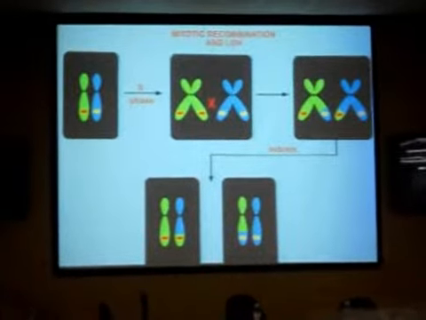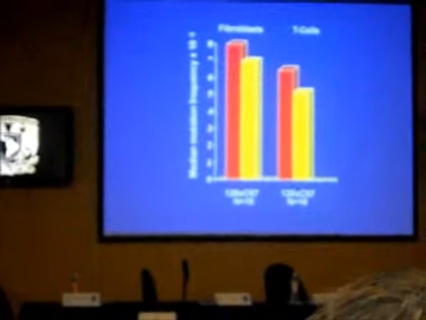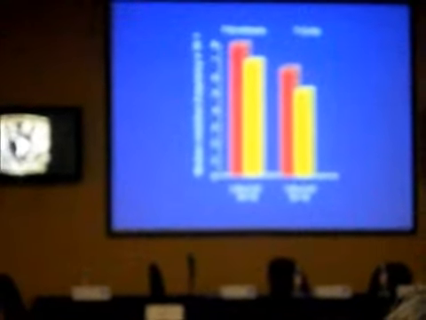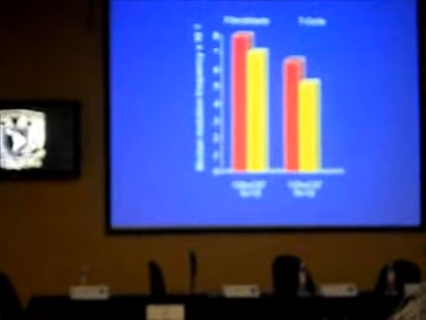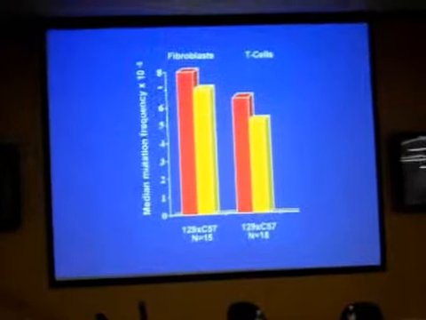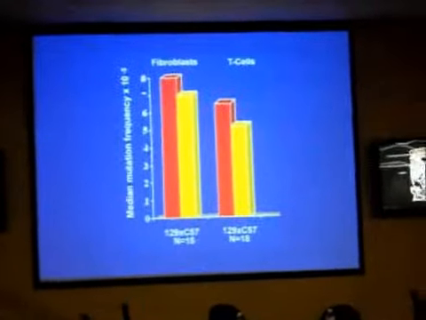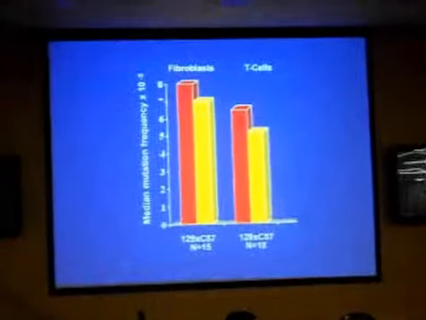So let me just now show you a summary of the large number of animals that we've done. This is one representative experiment. And we looked comparing fibroblasts and T cells. So the red bars are the mutant frequency that we see, and the yellow bar is the proportion of events, the frequency with which we see loss of heterozygosity due to mitotic recombination.